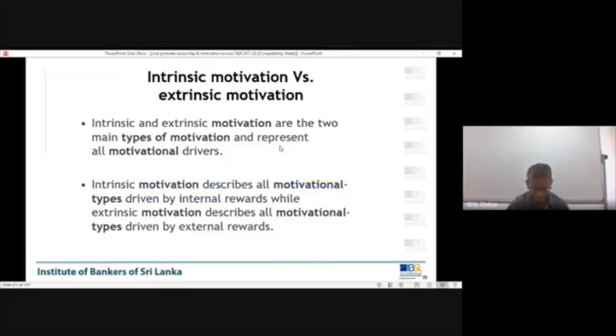Then we are going to discuss intrinsic and extrinsic motivation, and this small part I will keep for next week. It's only a small area, and it is 12:30, so we are going to stop here. I will continue the balance part, that is, what intrinsic motivation and extrinsic motivation are. I think we already know these things.